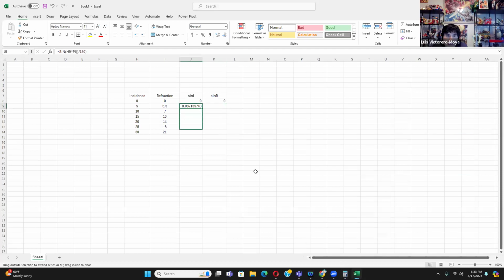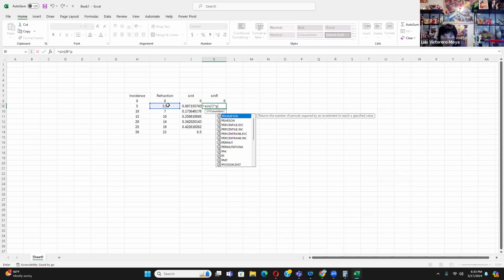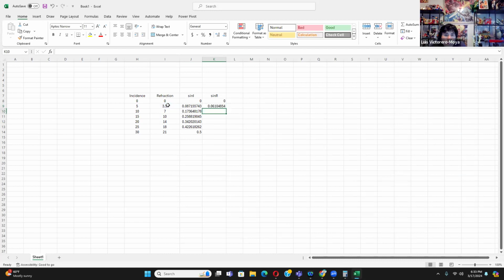And if you go all the way down, it gives you the values. And as we know, sine of 30 is 0.5. We can do the same with this, equals sine of this angle. Now, why am I multiplying by pi over 180? Because Excel only reads values in radians. So you have to do that.